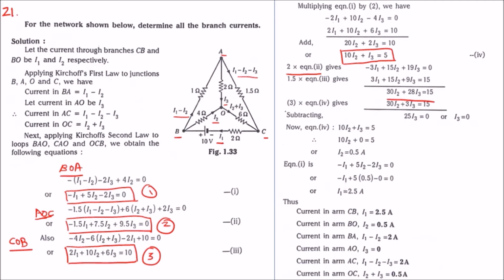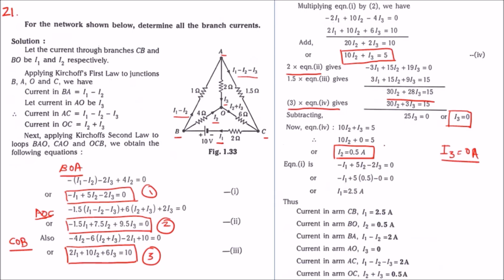Then we will multiply 3 to equation 4, which will be similar to the equation above, and if we subtract both equations, we find that I3 is 0. So the branch current AO, that is I3, will be 0 amps. Using that, we will substitute in one of the equations and find I2. Then I2 will be 0.5 amps.